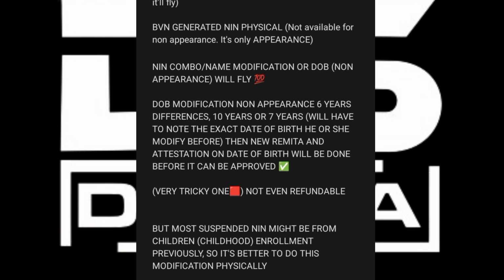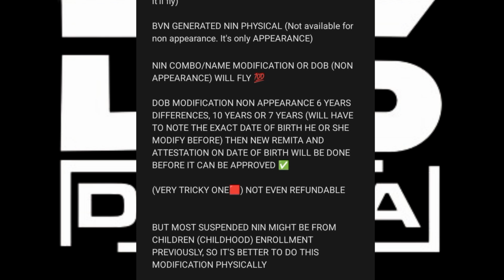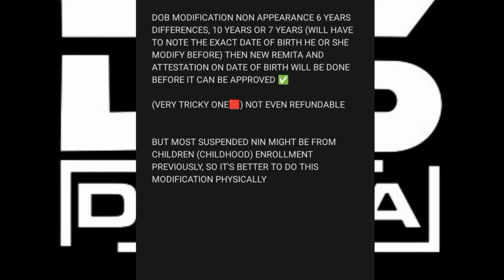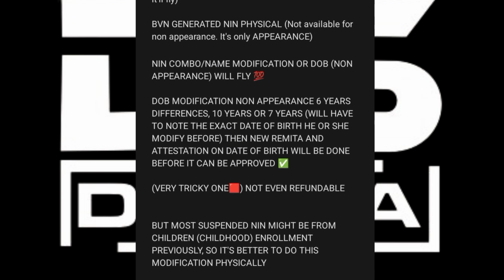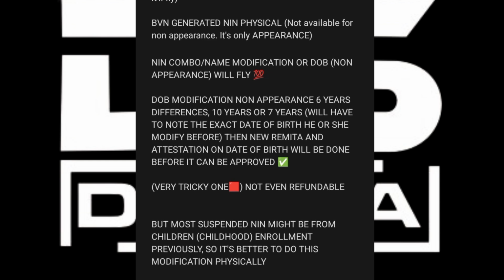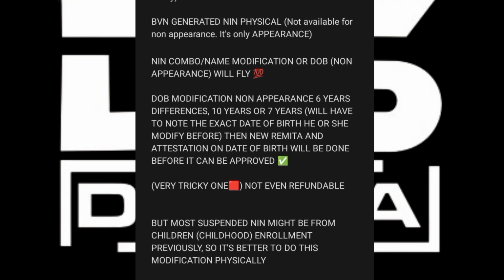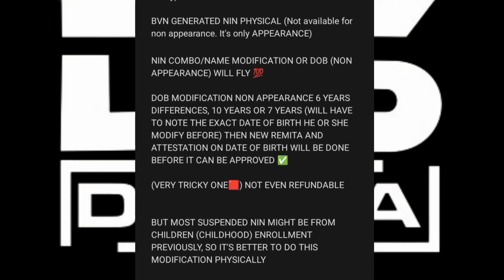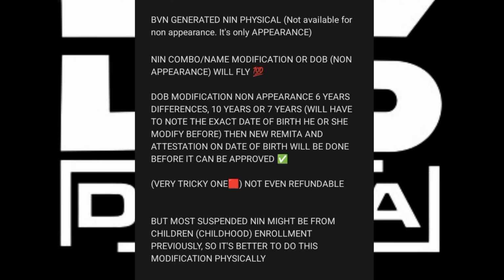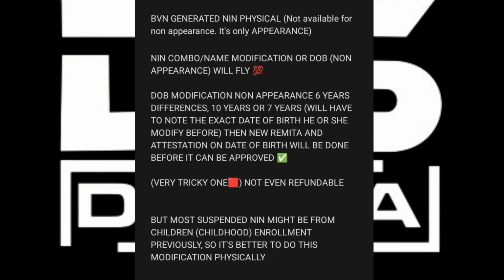So that is about the BVN generated NIN. You can do the modification virtually, but it depends on the type of BVN generated NIN that was done for you. Any which way you find it, maybe it was non-appearance BVN they did for you before.